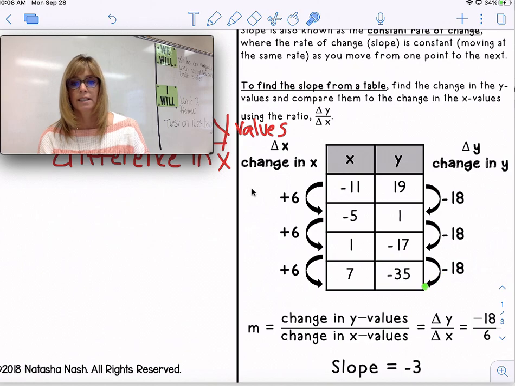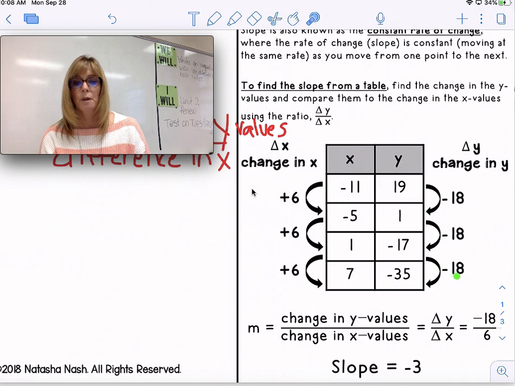And then negative 17 to negative 35 is a change of negative 18. We're subtracting 18. The x values, negative 11 to negative 5 is adding 6. Negative 5 to positive 1 is up 6. And 1 to 7 is up 6.